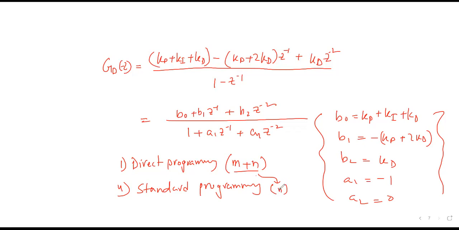Now let us have a look at them one by one. So in the direct one, whatever the transfer function we have, that is G(z) equals Y(z) by X(z), in the form that we have just written, we just have to cross multiply.